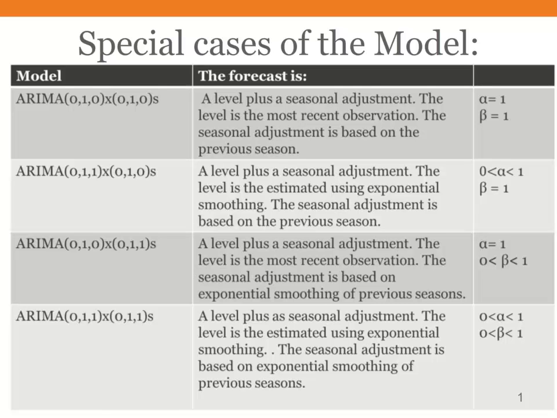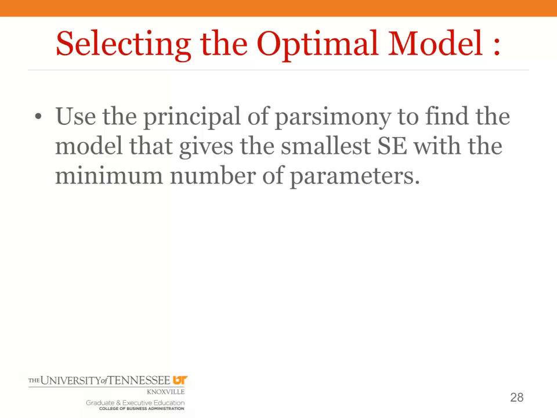And then we get the special cases of that model, which are the first three there, which means you either fix alpha at 1 or beta at 1, or you fix both of them at 1. And now you have 4 different models to choose from, and you're going to use the principle of parsimony to figure out which one is the best model.